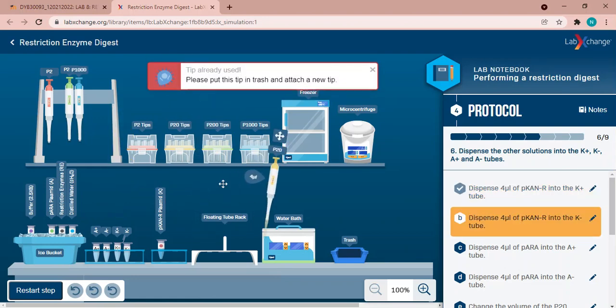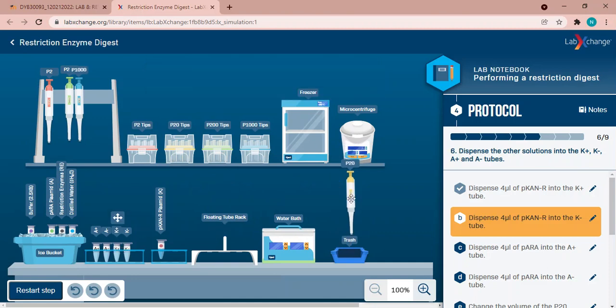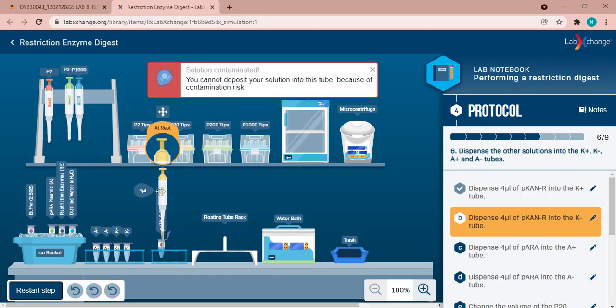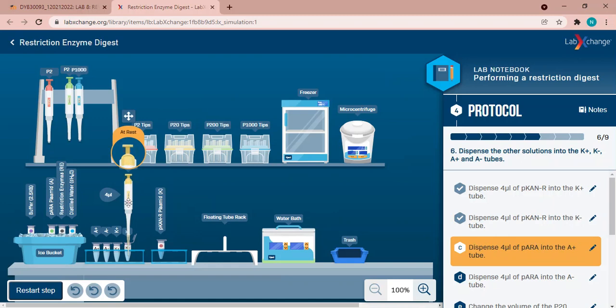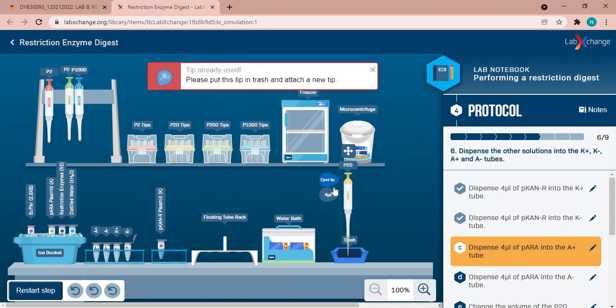Okay, eject a tip. Next, dispense 4 microliters of pKAN-R into the K minus tube. Okay, eject a tip.